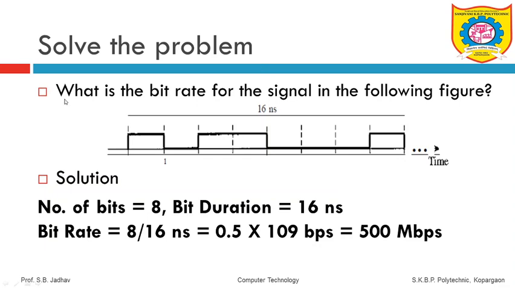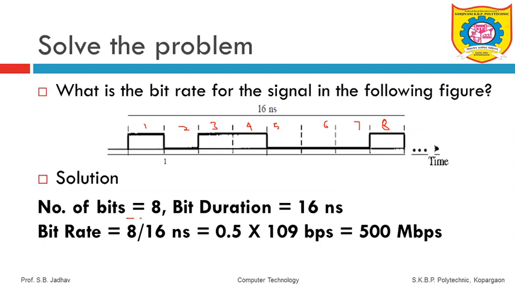Let us see another problem. What is the bit rate for the signal in the given figure? We can analyze from the figure that a 60 nanosecond duration is given, and within it 1, 2, 3, 4, 5, 6, 7 and 8 bits are transmitted.